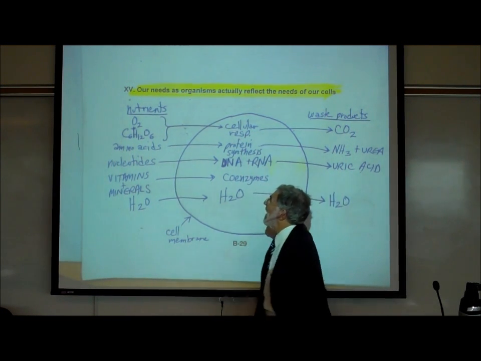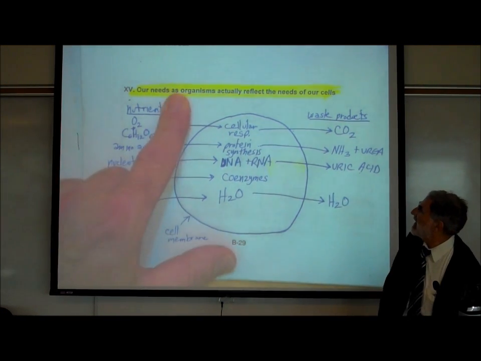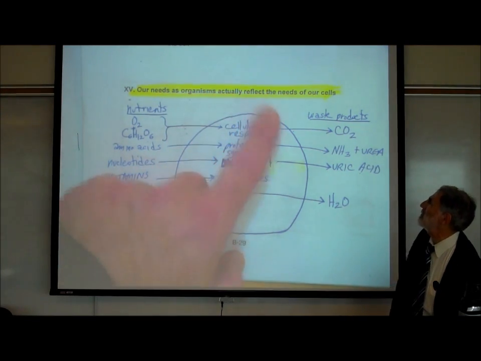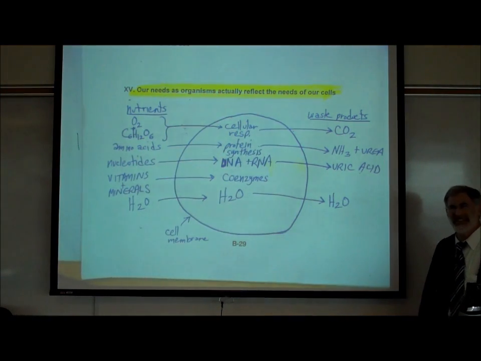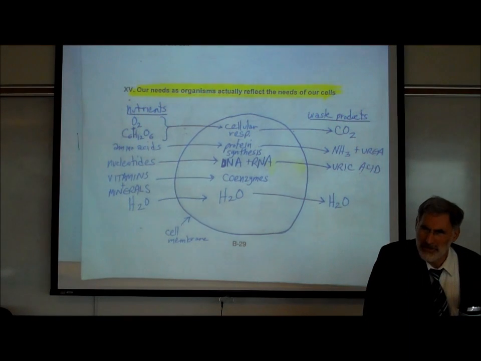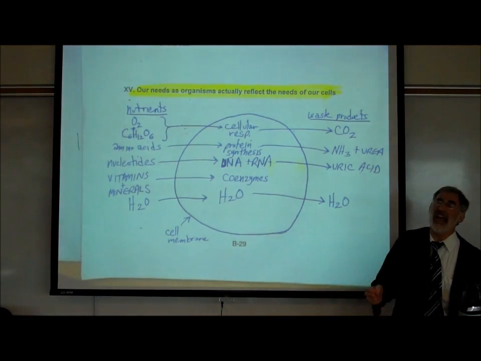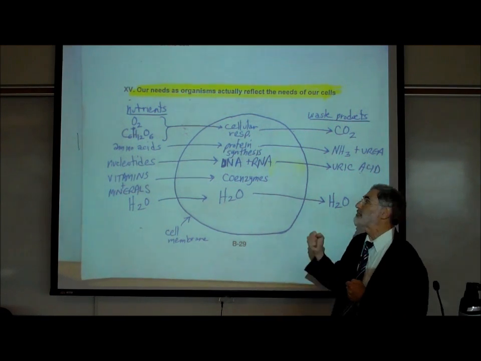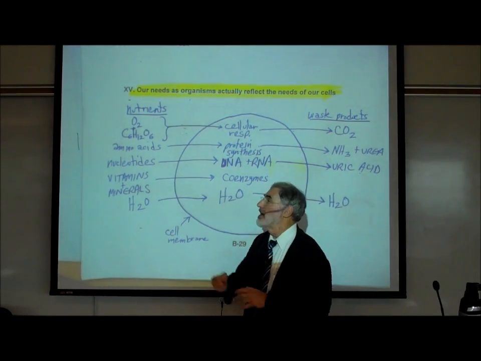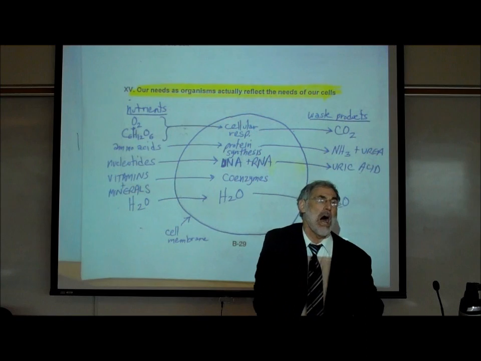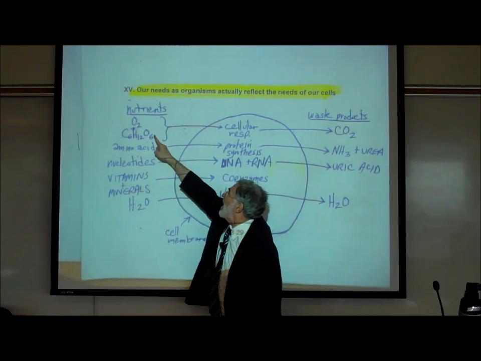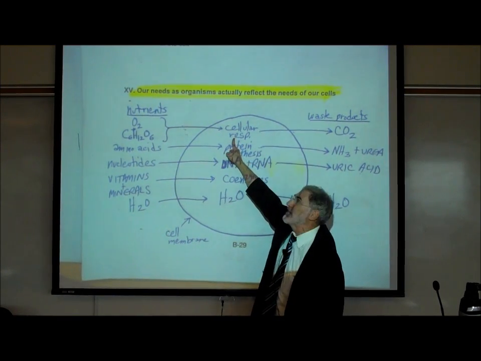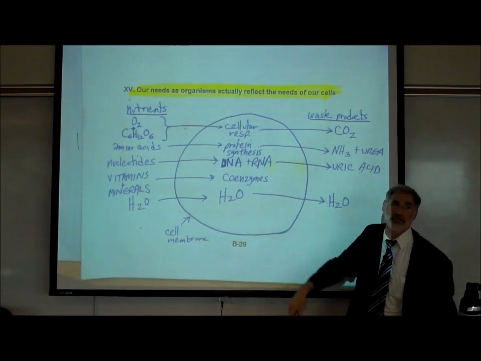I wrote at the top, our needs as organisms actually reflect the needs of our cells. It sounds kind of weird. But the reason why we have the organ systems of our body that we do is because of the needs of our cells. The reason why you have lungs is because you need oxygen for cellular respiration and you have to get rid of CO2.